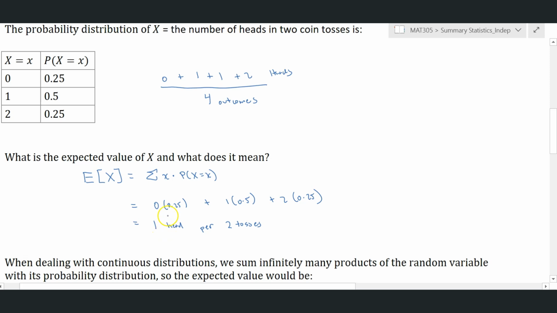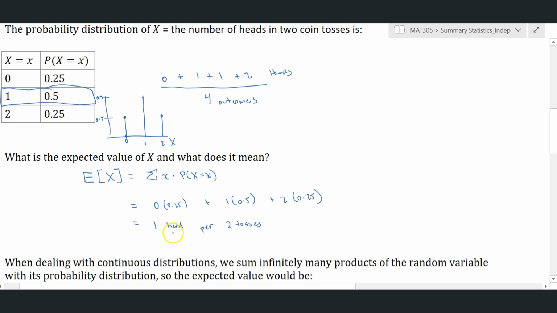So on average, and this should make sense, right? Because you are more likely to get 1 head than to get 0 heads or 2 heads. And if you look at this probability distribution or the probability mass function, and you put 0.25 and 0.5 as the probabilities, well then 0 heads, 1 head, and 2 heads presents symmetry, so it would make sense that your average would be right in the center because the balance on either side is exactly the same.